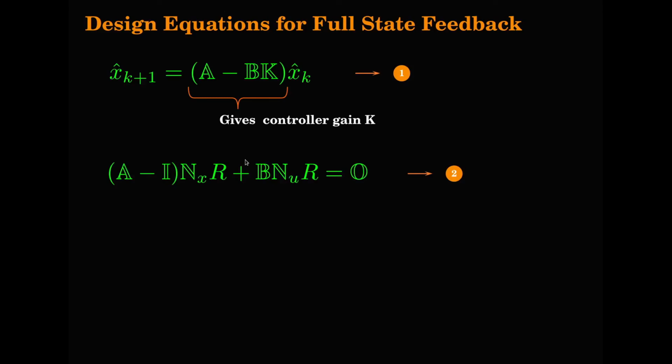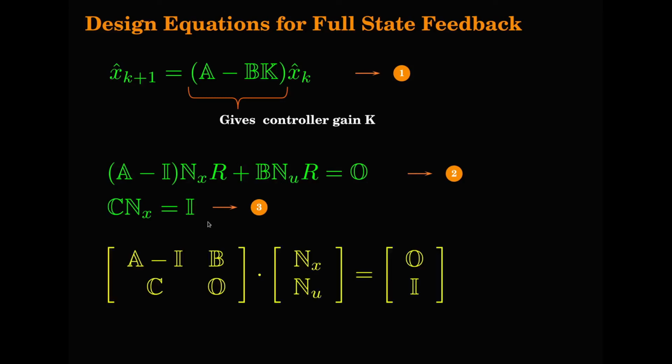The second equation that we had written down, (A - I) Nx R plus B Nu R equal to a null vector. Third equation we saw from the output equation, we got C Nx is equal to I, identity. So this second and third equation, you can combine into a matrix equation using Nx and Nu as the focal variables.